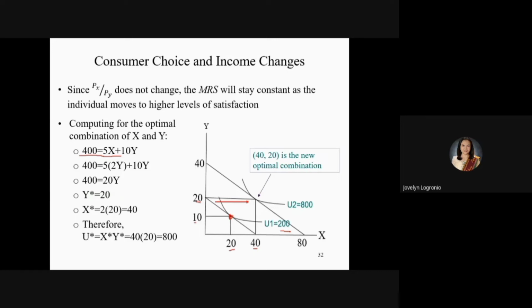As income of the consumer doubles, holding the prices of X and Y constant, then the quantities of X and Y also double.